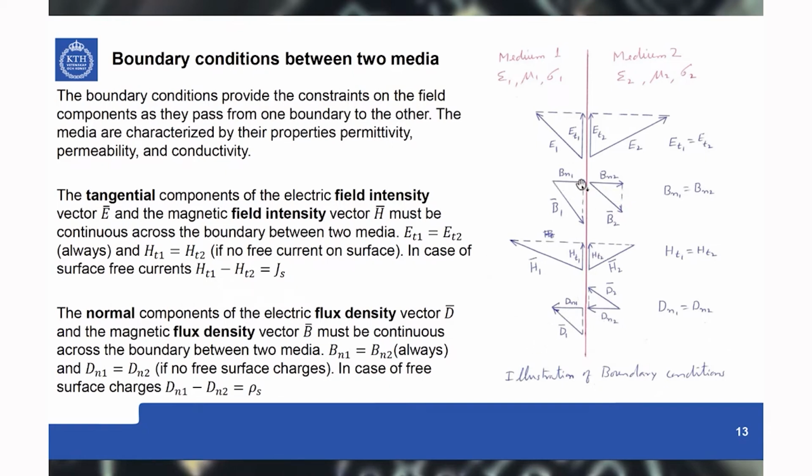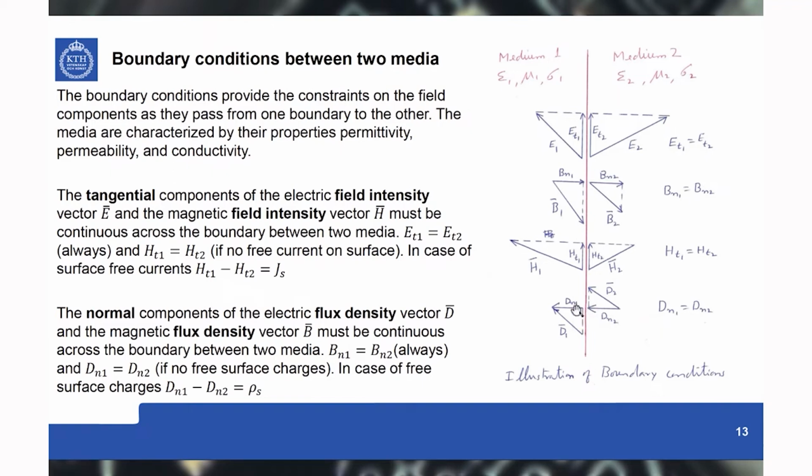It means that if you take this point, the magnetic flux density in medium 1 and the magnetic flux density in medium 2 are the same. And here the electric flux densities are the same. For the magnetic flux density, they are always the same, irrespective of whether you have a current on the surface or not. It doesn't matter.